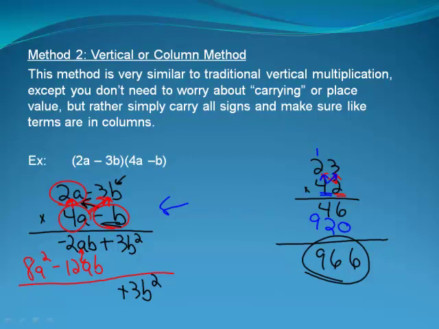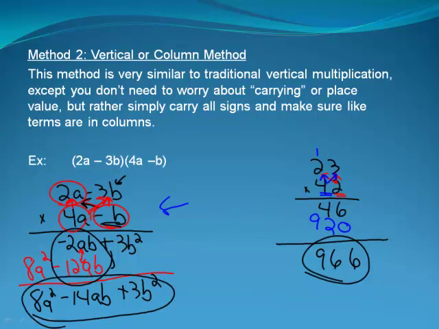So we've got plus 3b squared. Here we've got like terms, so negative 2 and negative 12 is minus 14ab. And out front, with nothing to combine with it, is 8a squared. And there's your answer. 8a squared minus 14ab plus 3b squared.